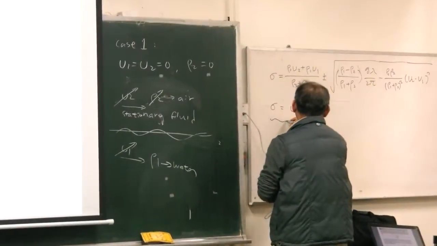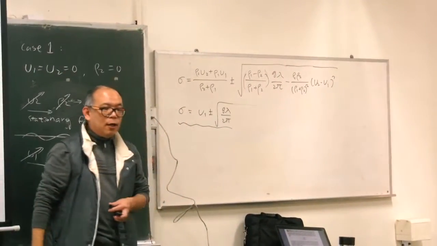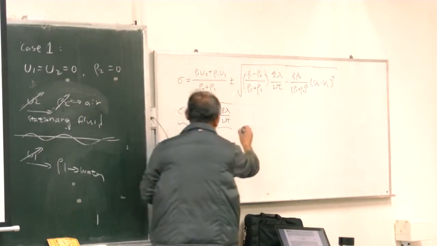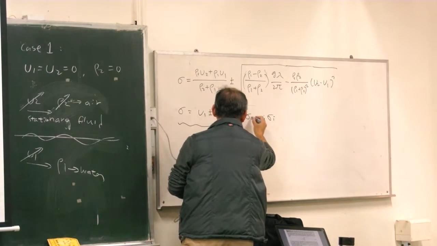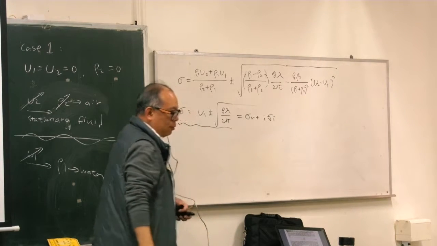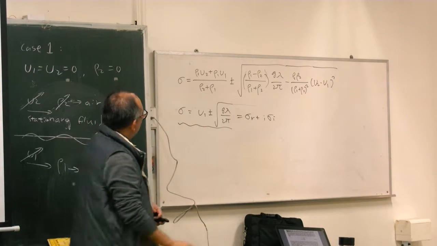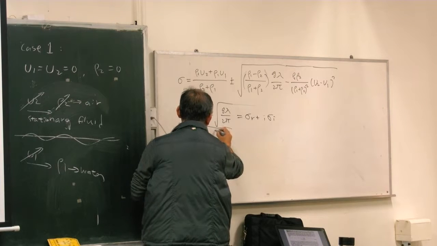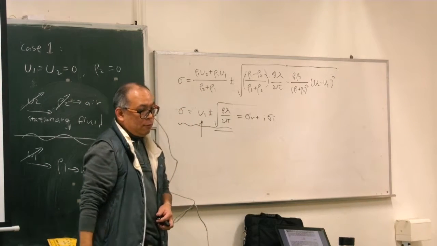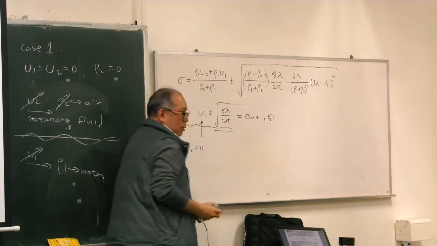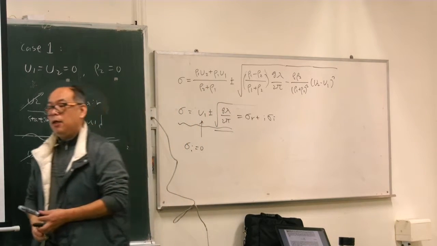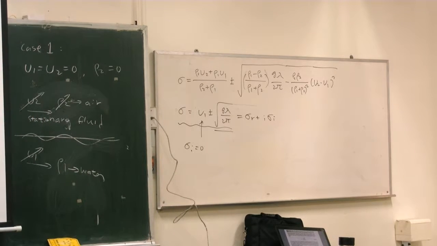So sigma is sigma r plus i sigma i, where i is the imaginary unit. It's a complex number. Here we have a real number, and here is a real number, so we don't have the imaginary part, our sigma i is 0.